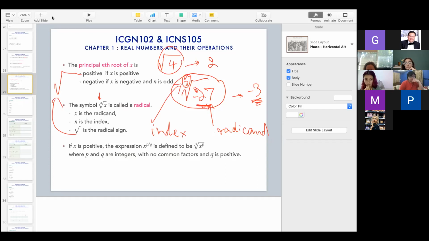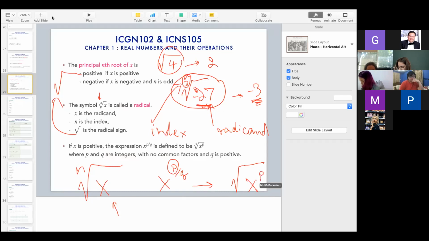If x is positive, the expression x to the power of p over q can be defined by putting the radical sign first, then x with the power p, while the divisor q will be the index.